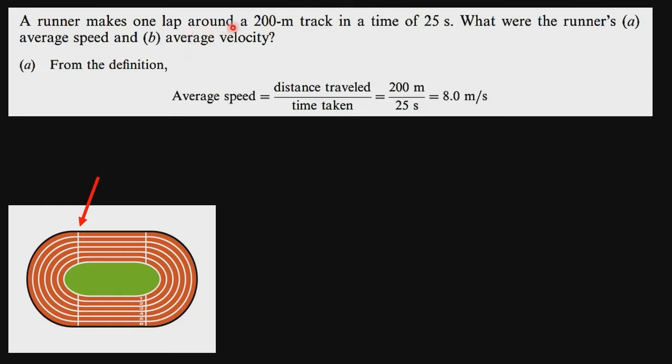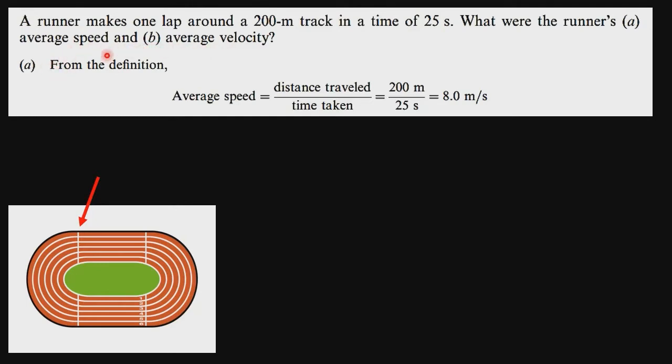Let us say the entire distance the person travels is 200 meters, a 200-meter track, and he completed his one lap within 25 seconds only. The question: what were the runner's, letter A, average speed, and letter B, average velocity? We will not answer average velocity for now because we will tackle it later in the vector quantity.